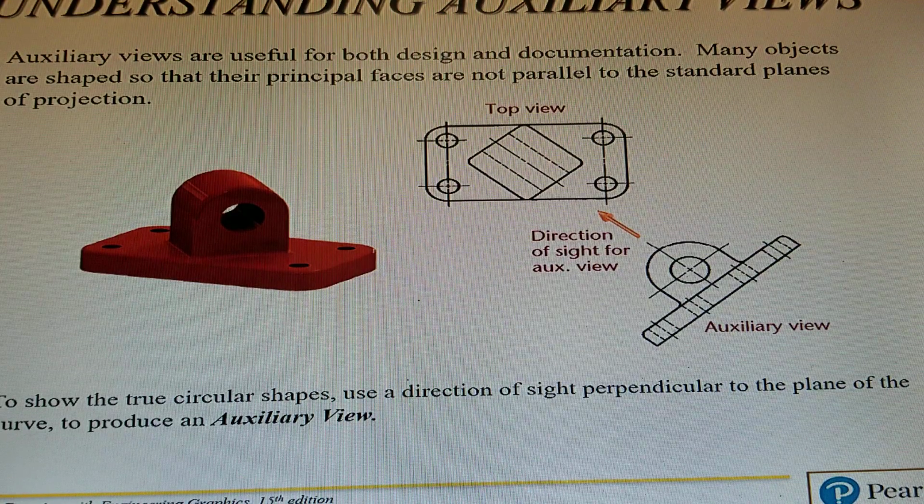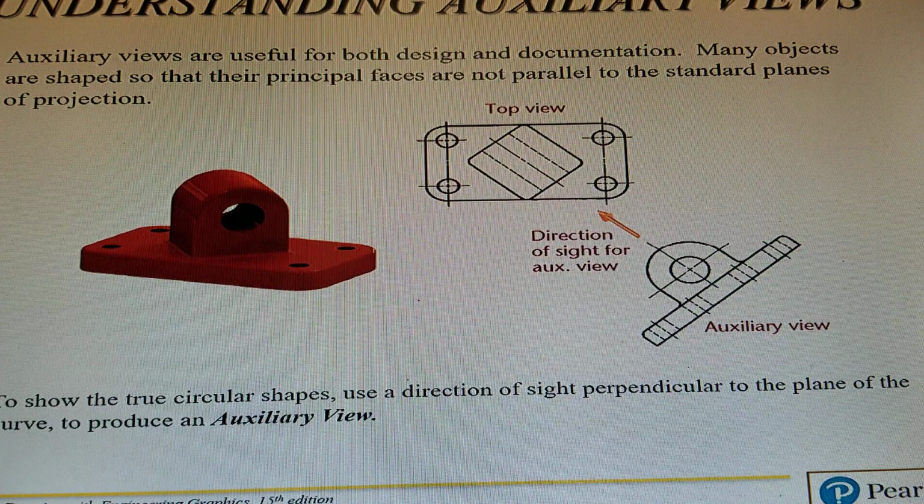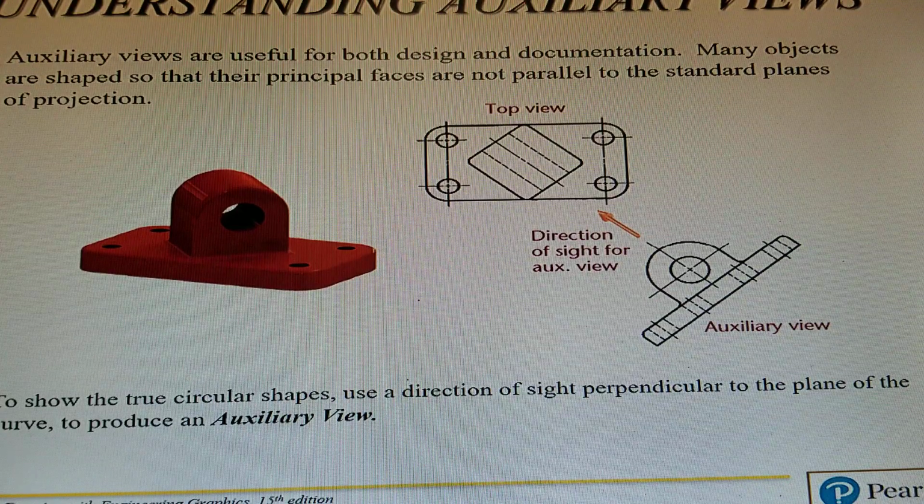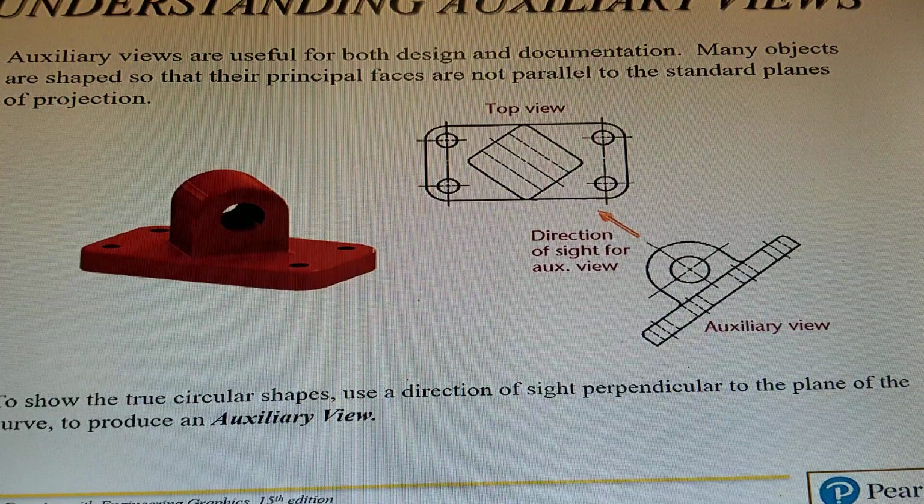And to get that true surface, if we drew that in orthographic views, in the front view and the side view, it wouldn't be true size and shape. To get the true size and shape, we have to draw 90 degrees to that angle so we can get the proper or true size of that shape of that upper part. Now, when we do this in the auxiliary view, the upper part is in true size and shape, but the lower part isn't. So that's a little bit of a difference.